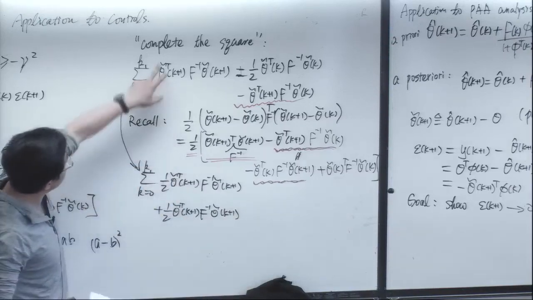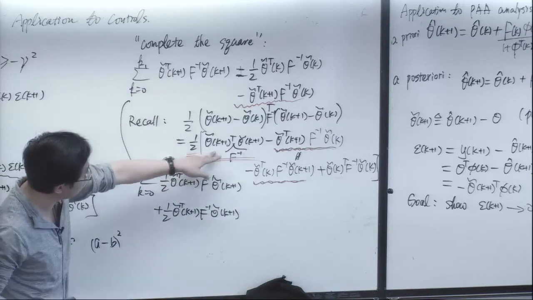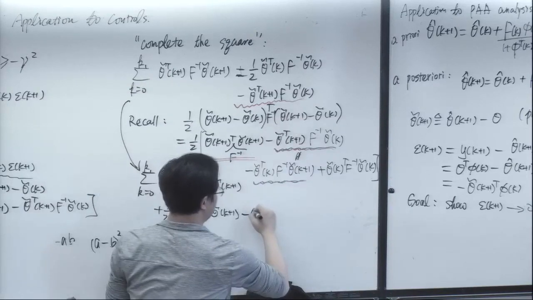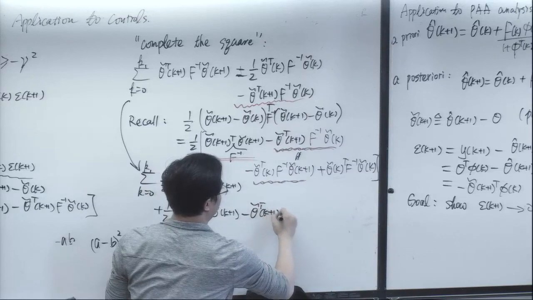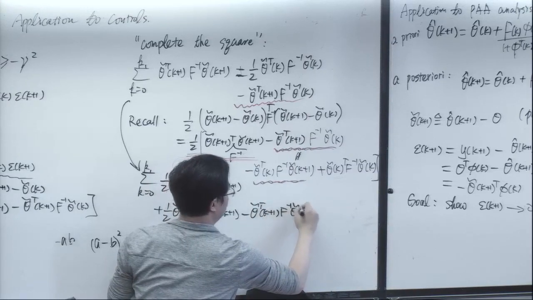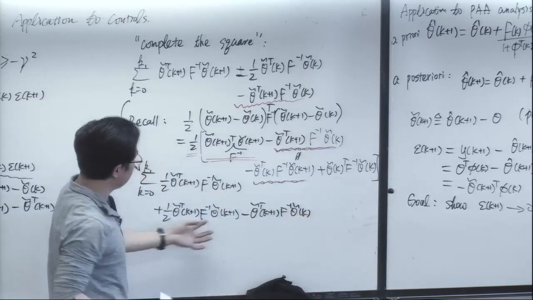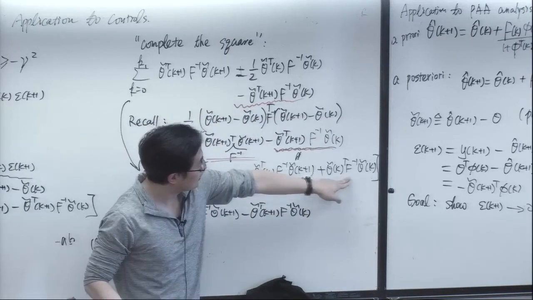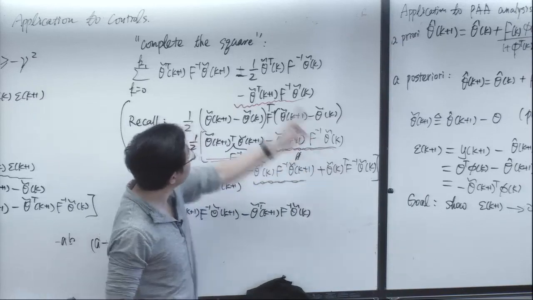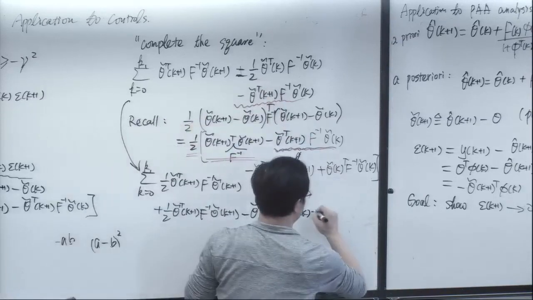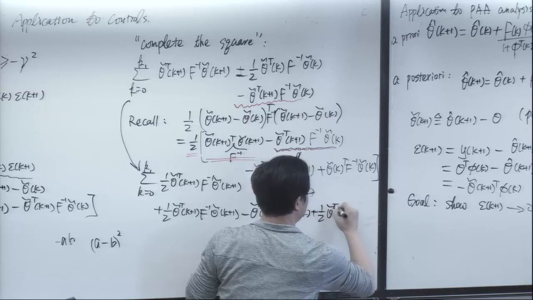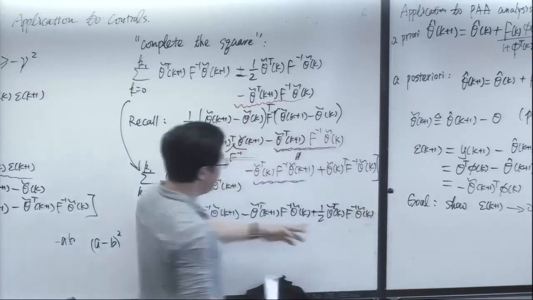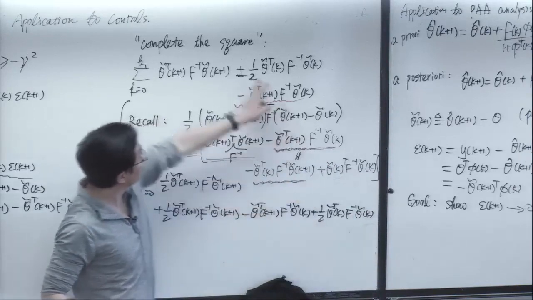So I break the first term into two. Now I have this first term. And then I already have this cross product term. Now I need half of the quadratic term about theta tilde k. So I'm using half of this here. I'm using the positive of the half here.